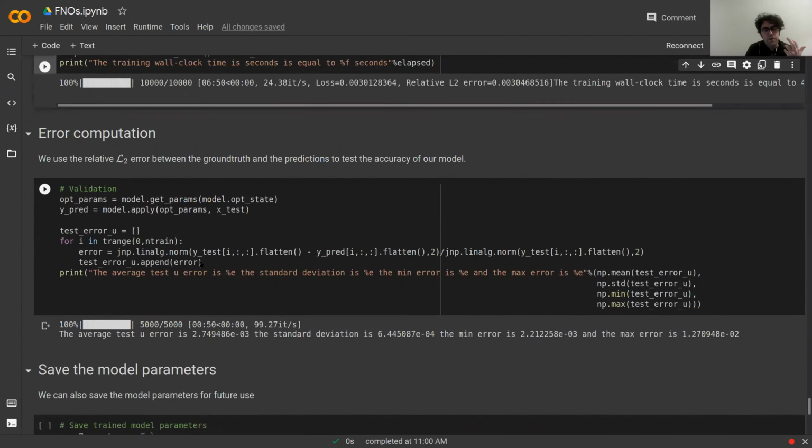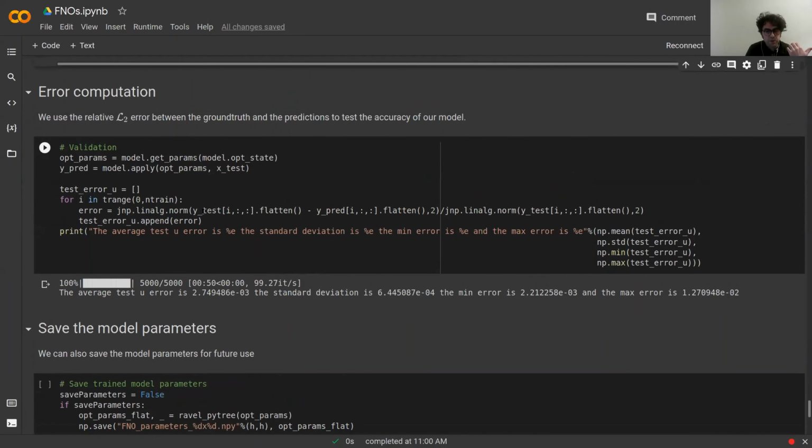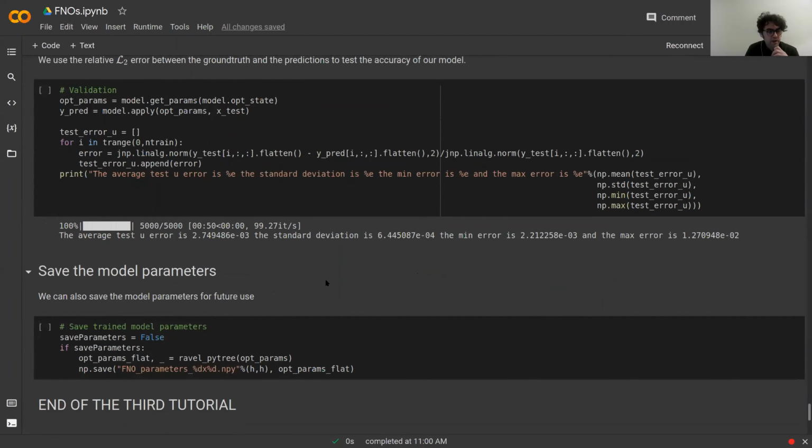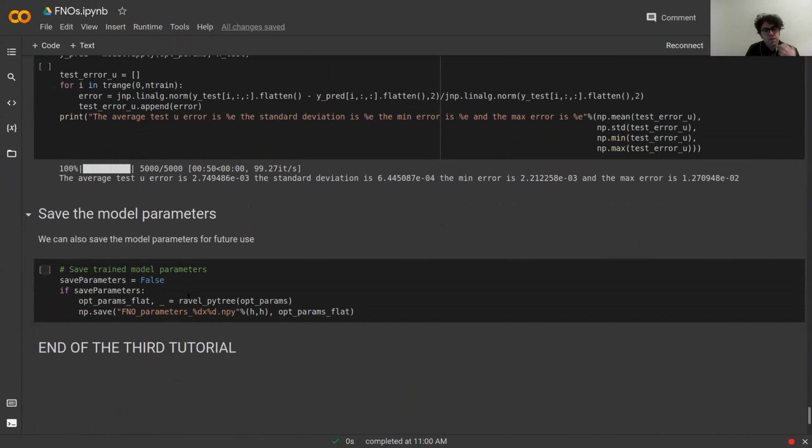And then we compute the error. This is how we compute the error, and we will see the mean, the standard deviation, the minimum, and the maximum. And then the other thing that you can do is save the model parameters, such that you don't need to train the next time.